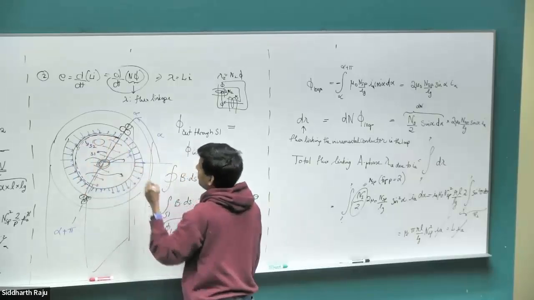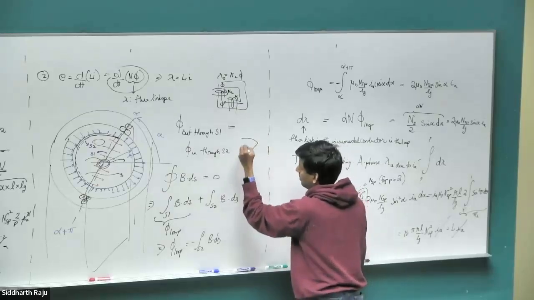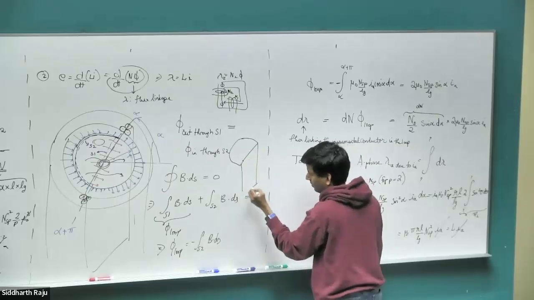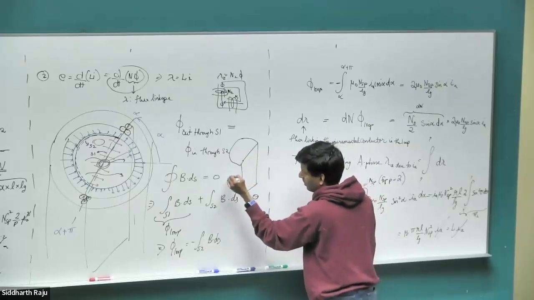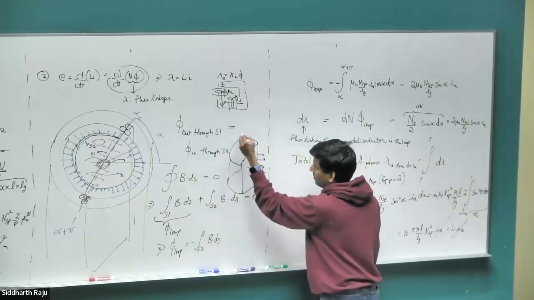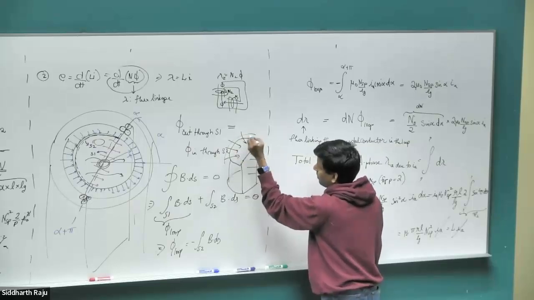if we want to figure out what the flux through this surface is, all I got to do is figure out what the flux coming out of the surface is. That is going to be the same as the flux entering this surface. Right? Here is the air gap.